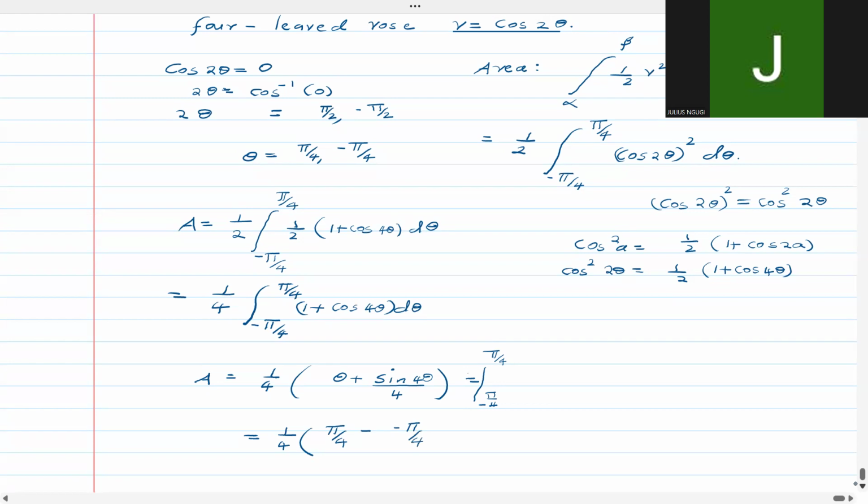And when we plug in here, we get sine of 4 times pi over 4, again another 0. So we get pi over 4 minus, that's plus. So the answer becomes 1 over 4 with pi over 2, because it's a quarter plus a quarter. You get the answer as pi over 8.